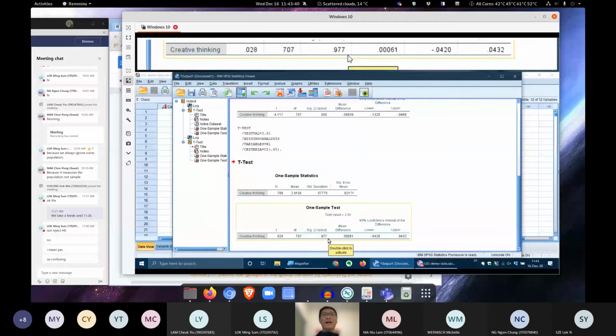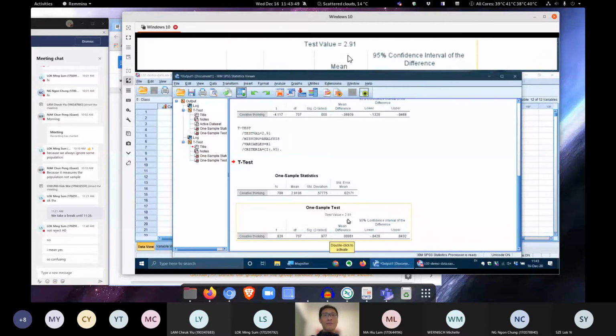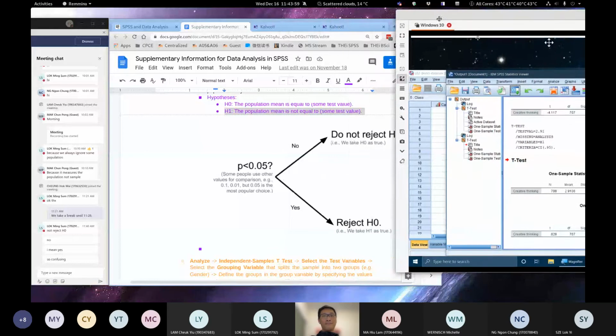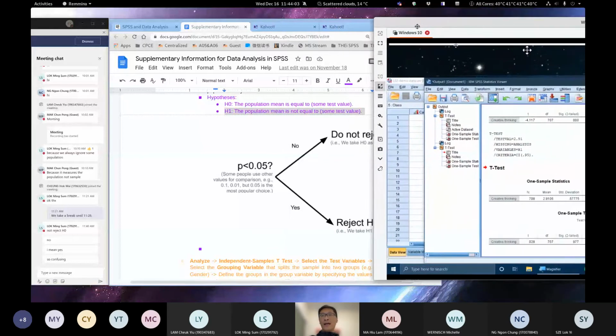Now look at the p-value in this case. The p-value is 0.977. And we are testing the test value of 2.91, which is closer to the sample mean. Now, look at the tree here again. 0.977 is a large number.